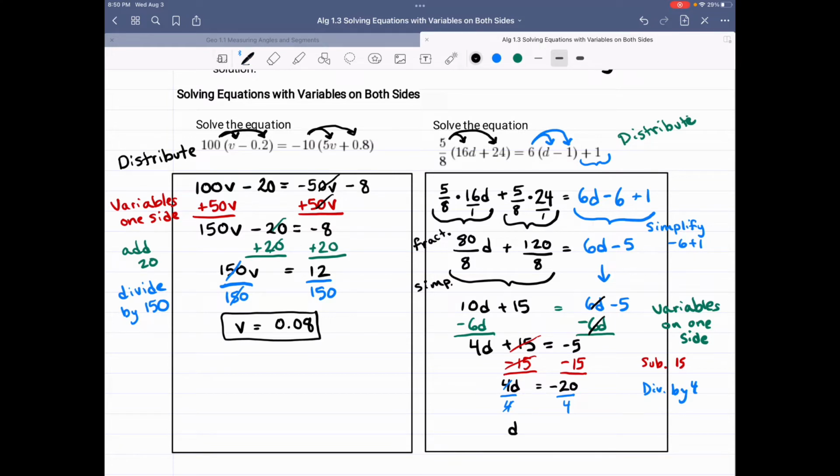So we have D equals negative 20 divided by 4, which is negative 5. And you can check this. You can put negative 5 back into our equation, and we should get an equation that is equal to itself.